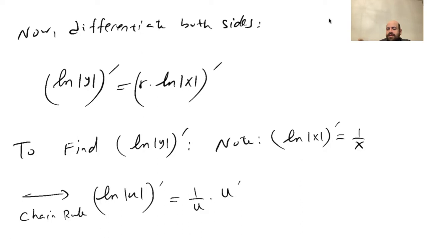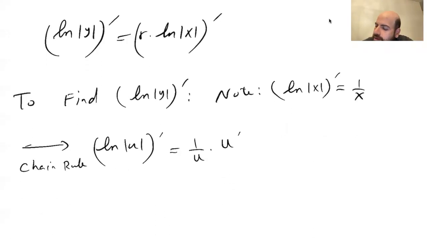So when I have x, the derivative of ln absolute value x is 1 over x. So the derivative of ln u is 1 over u, but I have to multiply it by u prime. So 1 over u times u prime, where u is a function of x.